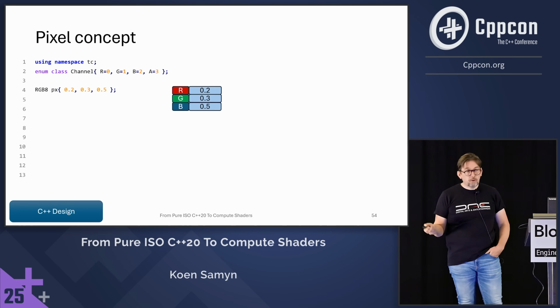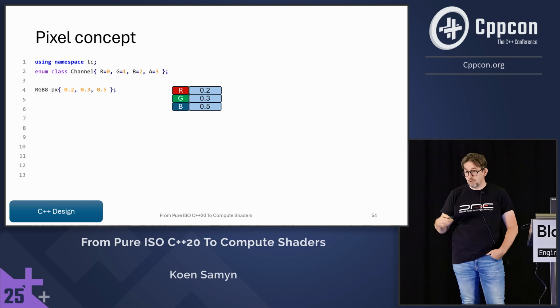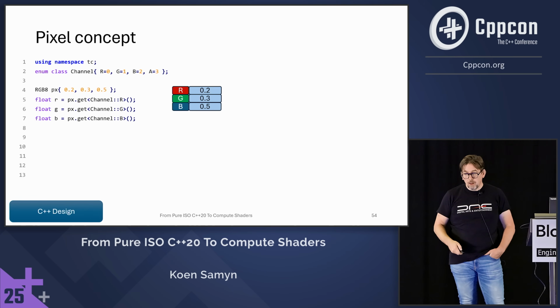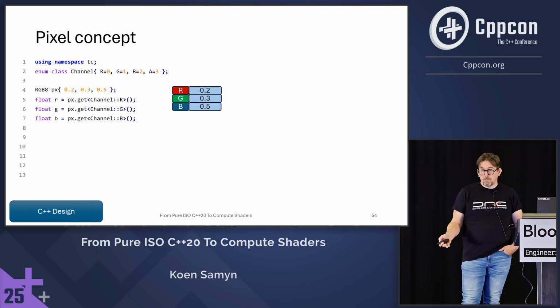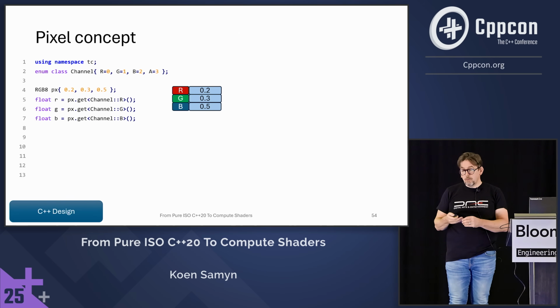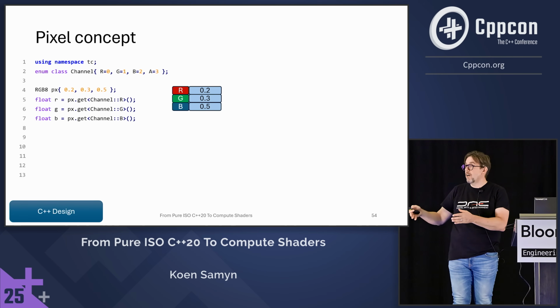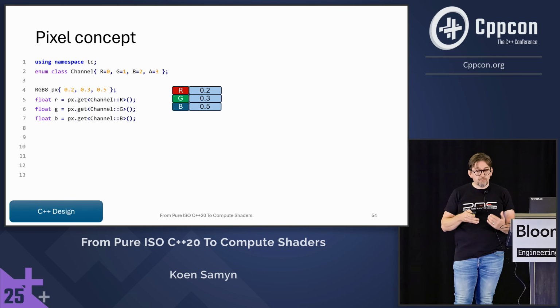Suppose I have an RGB8 pixel. So RGB is present and it's a floating point. With the design, I would get the channel information in a templated way. So not directly by just saying px.r, but I'm asking the pixel, give me the information of the red channel.